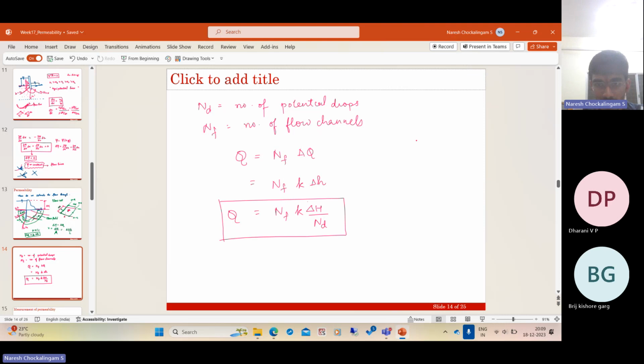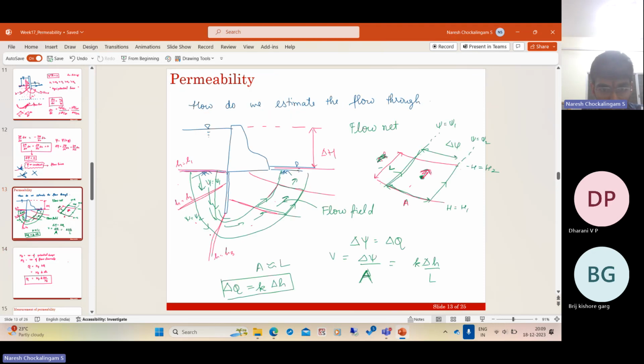So given a situation, given a dam or some reservoir, some water retaining structure, construct a flow net such that the flow fields are approximately squares. Count the number of flow channels, which is the regions enclosed between two flow lines, and count the number of potential drops, which is the number of regions enclosed between two equipotential lines.